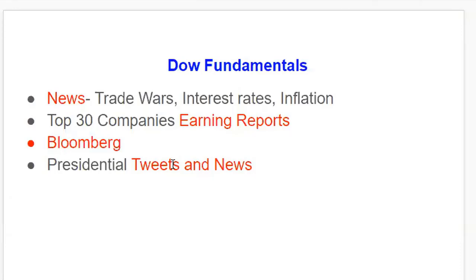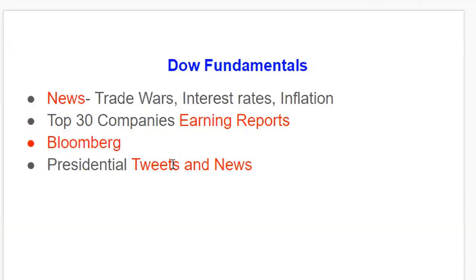Inflation also affects these indices. Also the top 30 companies' earnings reports. When they come out with their earnings reports, that can make price go up or go down. Another place to check for fundamentals is Bloomberg.com. CNN at times, but more Bloomberg, they put out a lot more reports on stocks and the economy.